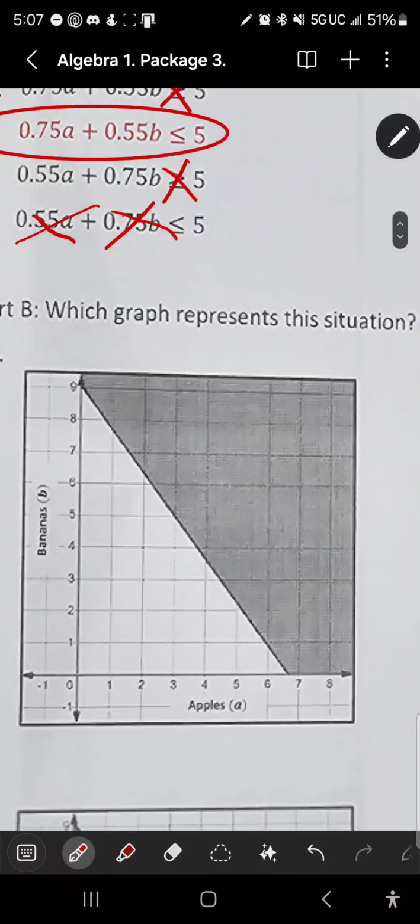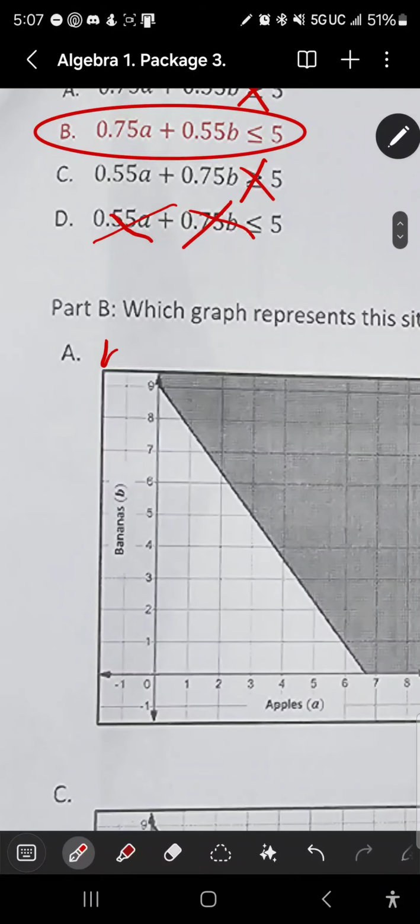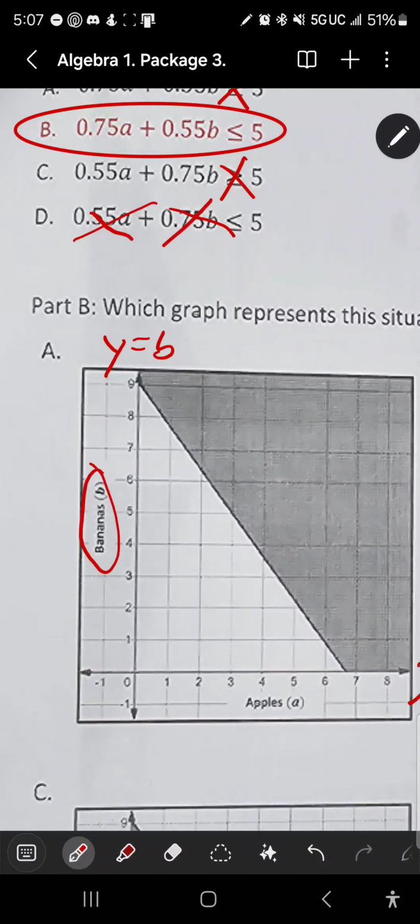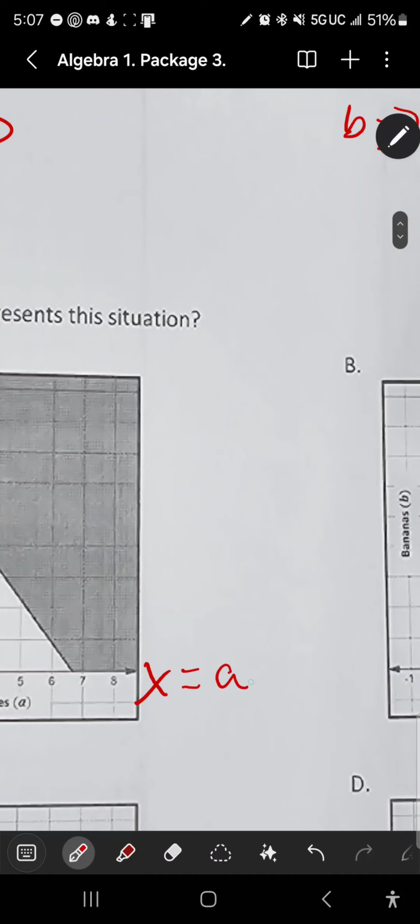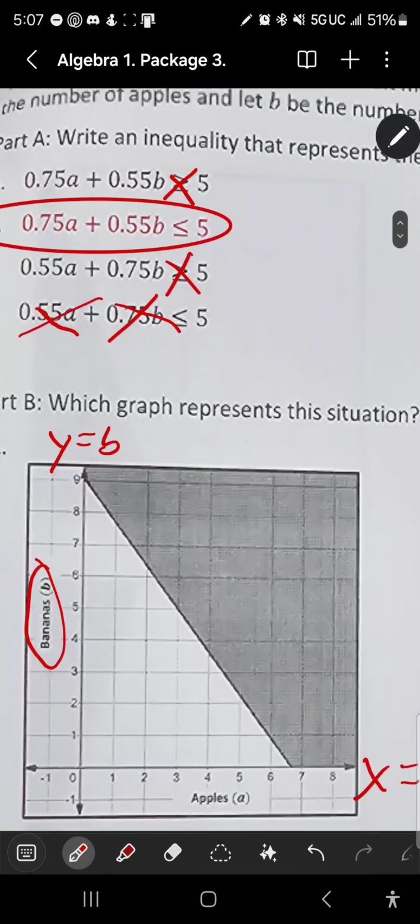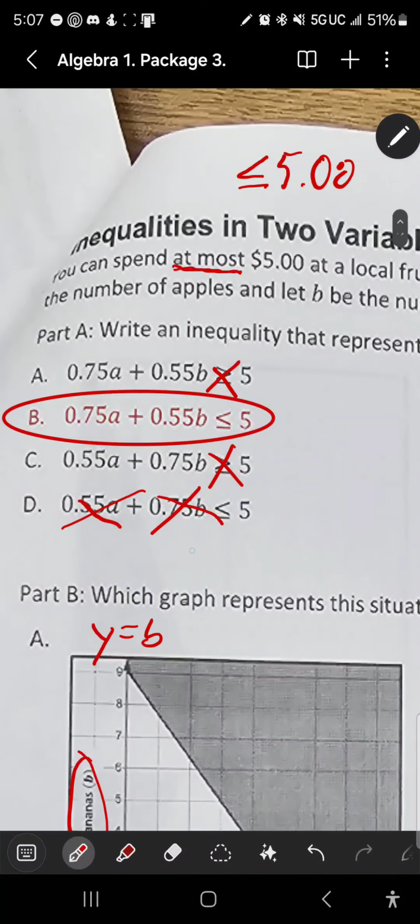So first, let's see what is our y and what is our x. We know that this is the x-axis and this is the y-axis. Our y will be B because it's the bananas, and our x will be A because of the apples. So we want to leave B on the left, where everything else goes to the right.